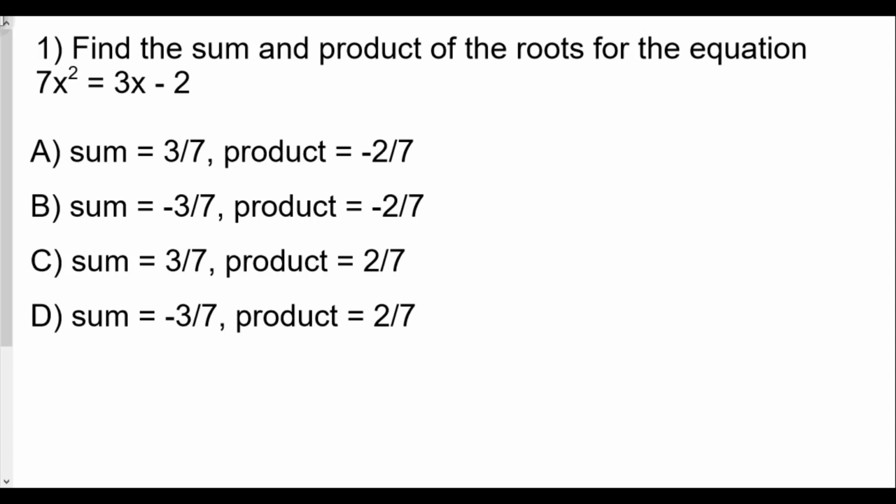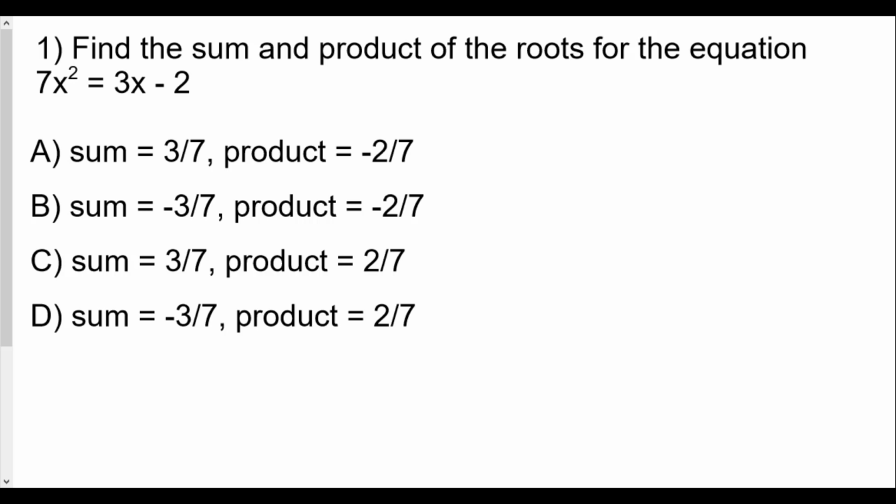So the very first question we have here is find the sum and product of the roots for the equation 7x squared equals 3x minus 2. So what we're going to do is rewrite the equation so that the equation is set equal to 0.